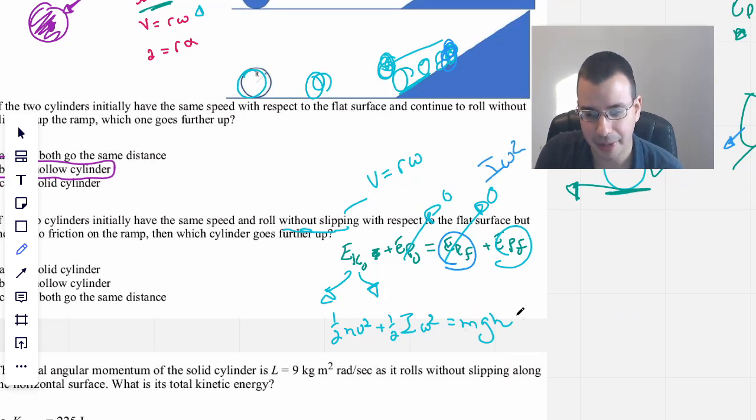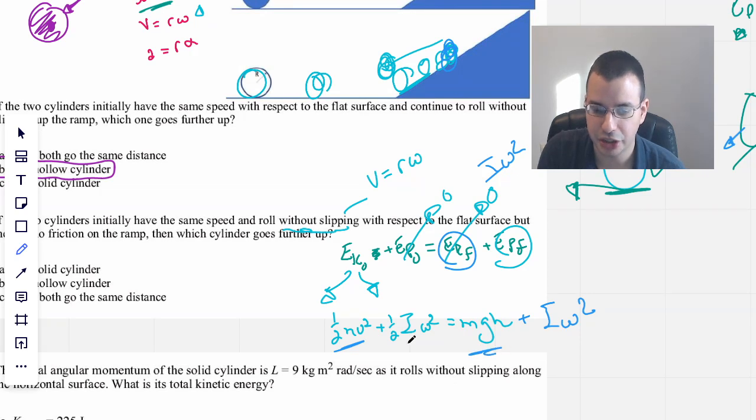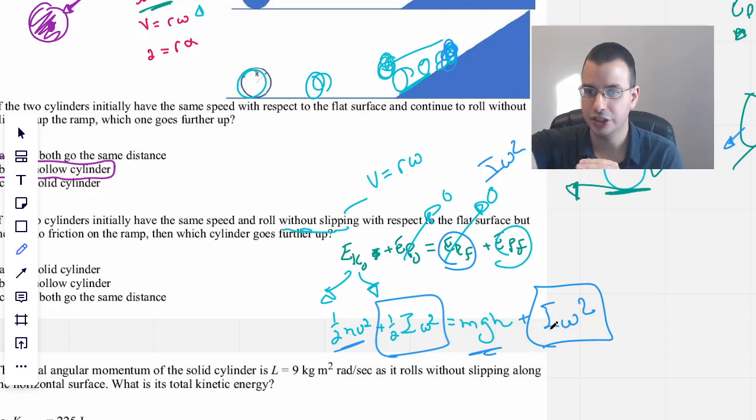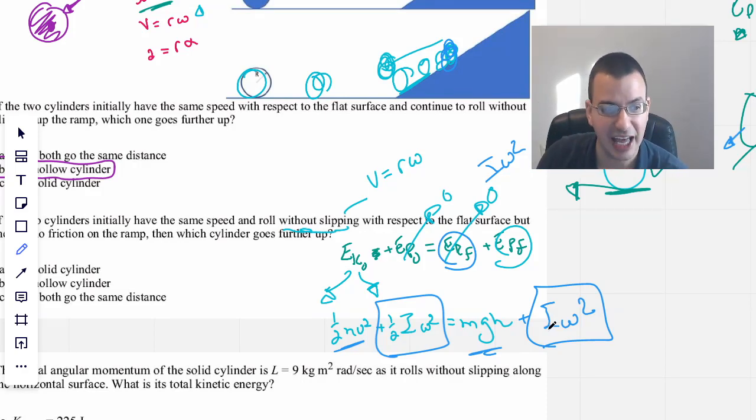So really what's going to happen is we're going to have plus 1/2 I omega squared. So we start with our translational kinetic energy, we end with potential energy, and this rotational energy is never converted into height on the ramp because we need that friction to do that. And without that friction, we keep this rotational energy.